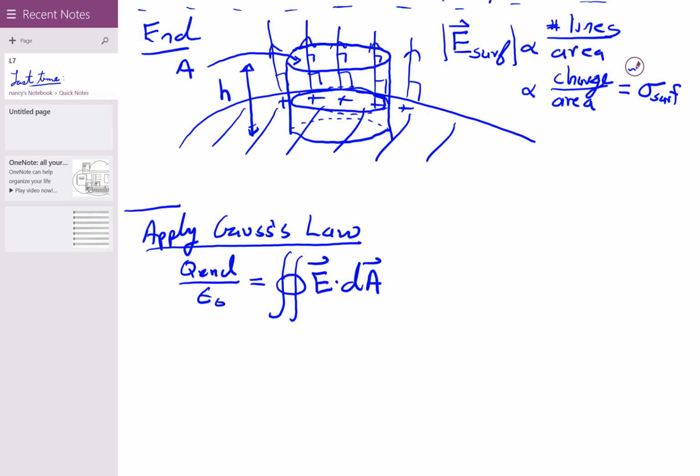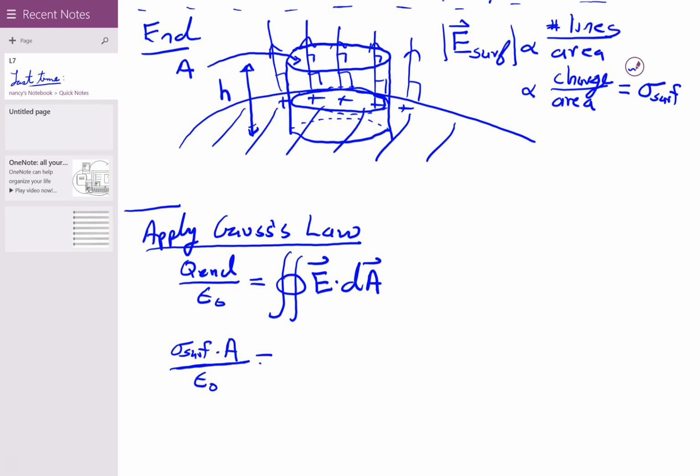So the enclosed charge is the surface density times the area, and that divides by epsilon naught. Very good. And now I have my surface integral.